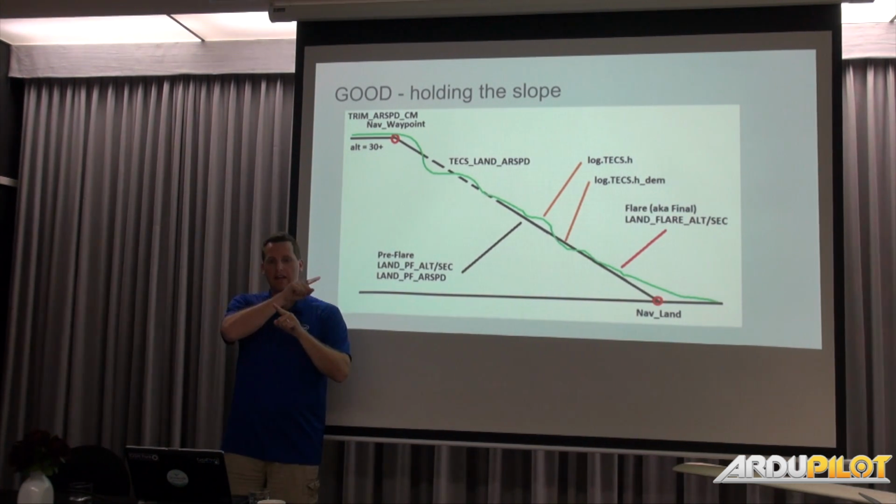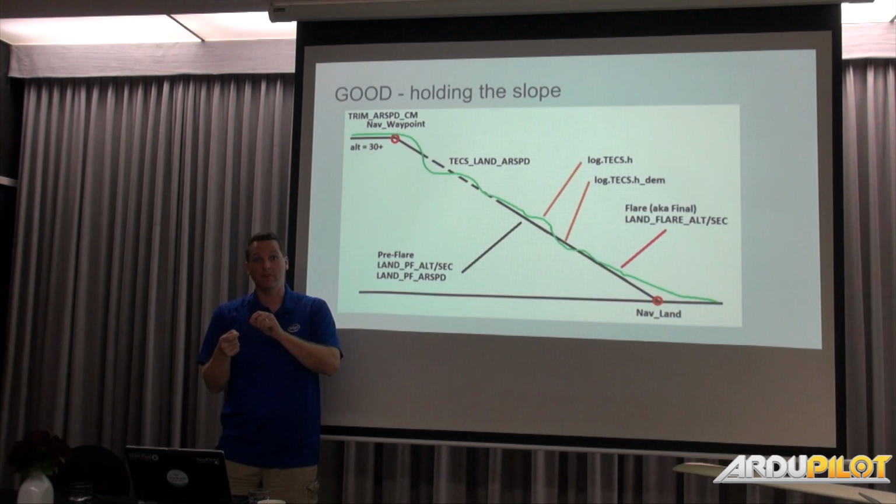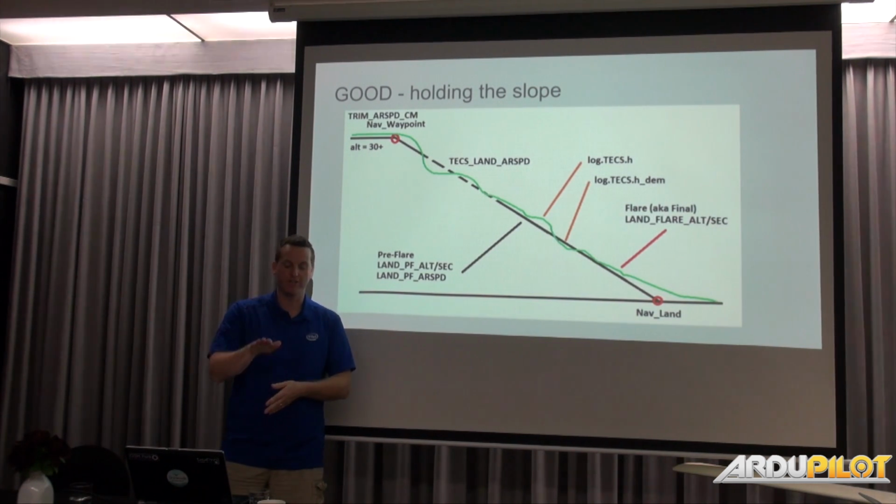So now I went from a relatively high airspeed for my cruising, the trim airspeed. Then I slowed down during my approach. I've tried to maintain the land airspeed, and now I've pre-flared to an even lower speed, and then at some point I flare at a flare alt or flare sec. At that trigger point, the motor is off, and I'm just trying to bleed off speed until I stall or touch the ground as slow as possible.